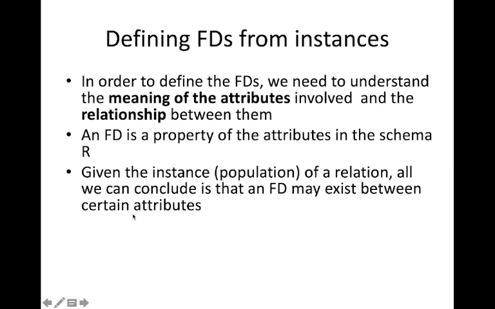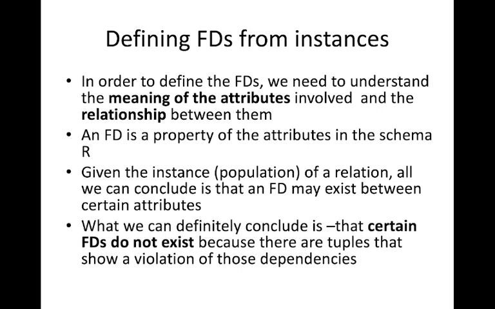What we can definitely conclude is that certain functional dependencies do not exist, because there are some tuples that show a violation of those dependencies. So this can be determined.